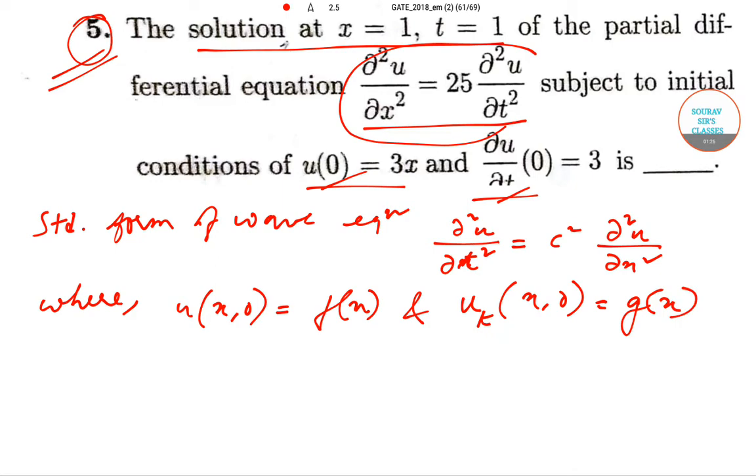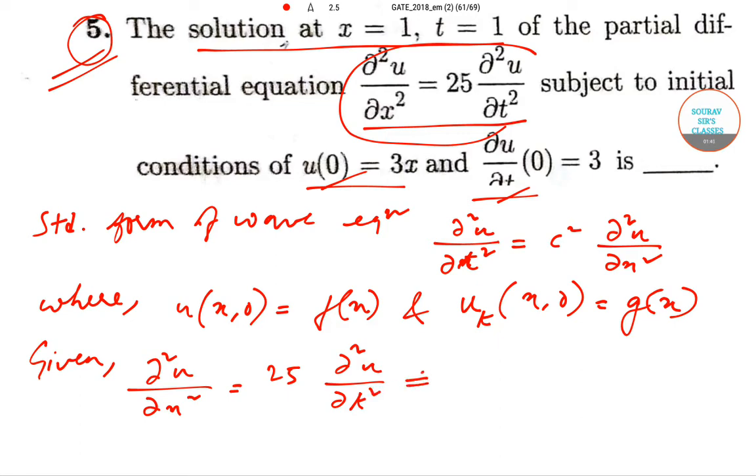Now we have been given that del square u by del x square is equal to 25 del square u by del t square. Upon modification, this will give us del square u by del t square is equal to 1 by 25 into del square u by del x square.